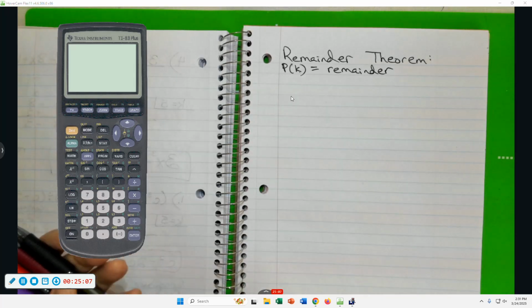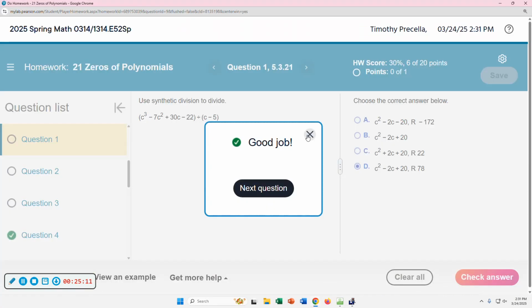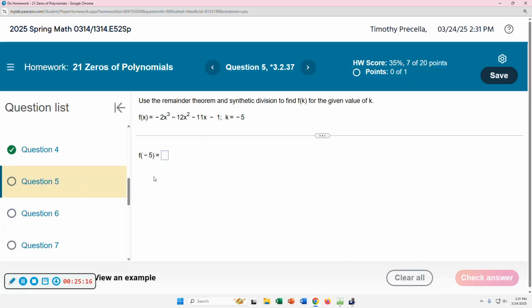Looking at number 5. They give us a polynomial function. The biggest exponent on a polynomial is called the degree, so this is a third degree polynomial function.